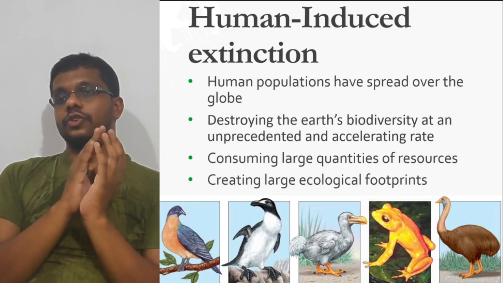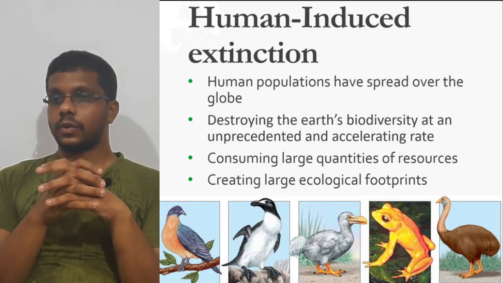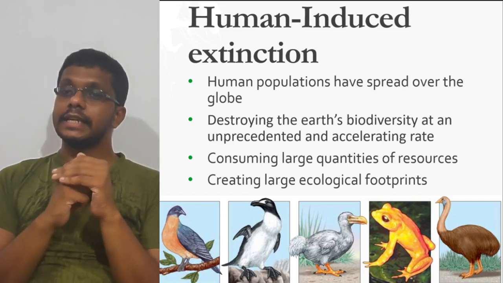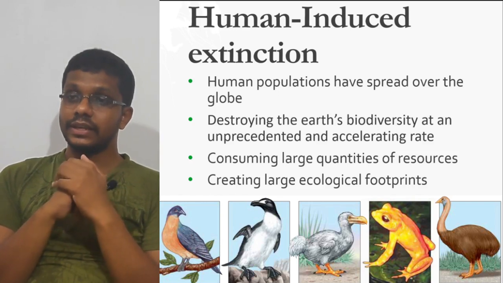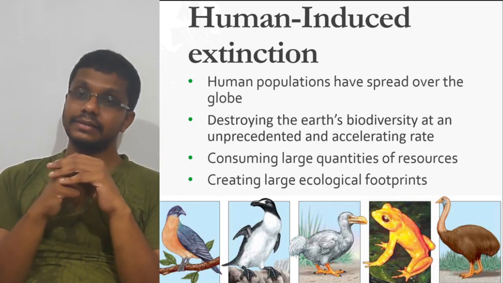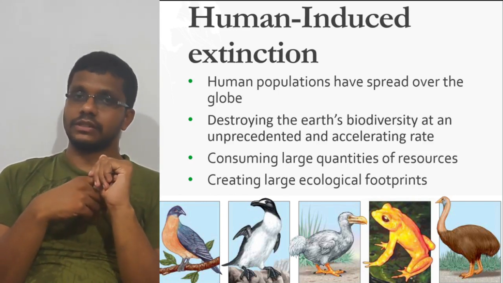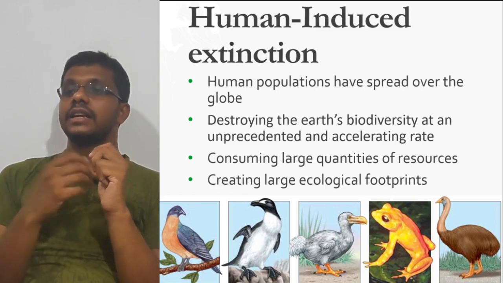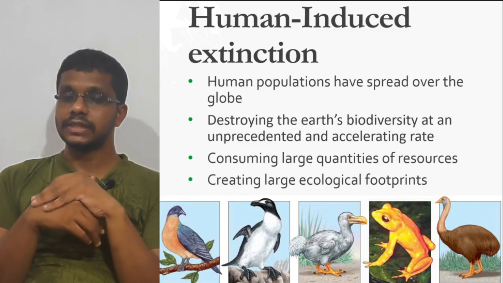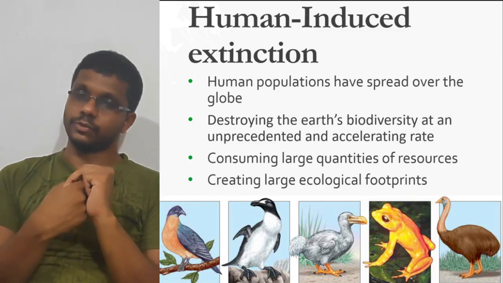And if you consider human induced extinction, the human population is spread all over the globe, everywhere humans are there, and they are destroying Earth's biodiversity at unprecedented and accelerated rates. Because we are consuming huge quantities of resources for food, energy, and industry, we are creating large ecological footprints.